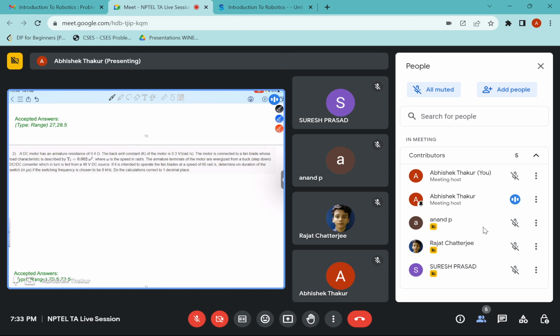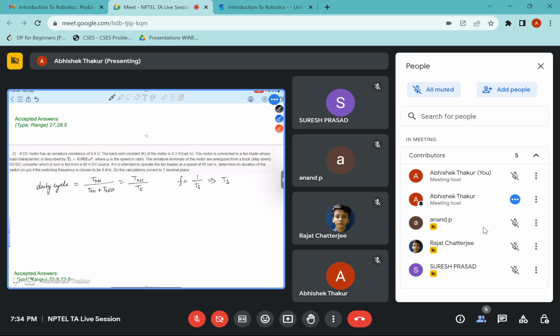So we know that from the duty cycle formula, that is T on divided by T on plus T off. T on plus T off will be the total time, that is TS, and that can be found using the inverse of the frequency.